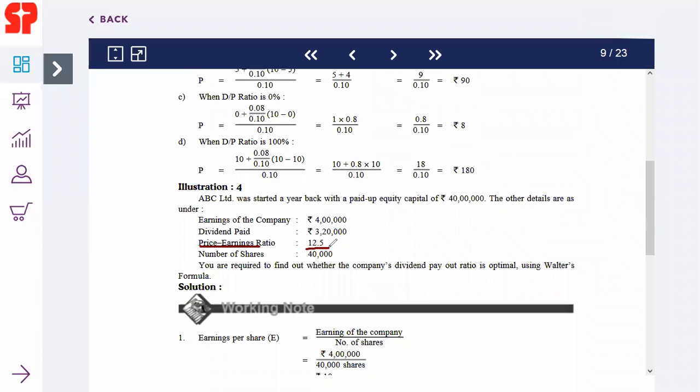If you do the inverse of PE, it will be your KE. So this can be a very important question for objective also. The price earning ratio may be given and they will ask you to calculate the K. Easily one or two more questions can form from this. So the KE formula is, if PE is given, KE will be 1 divided by PE, the price earning ratio.